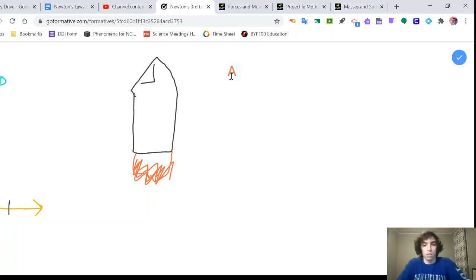So the action when a rocket is lifting off, or even when a helicopter is taking off from the ground, is that controlled explosion and the combustion of the fuel with air.